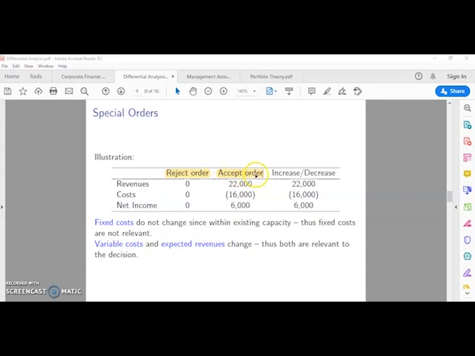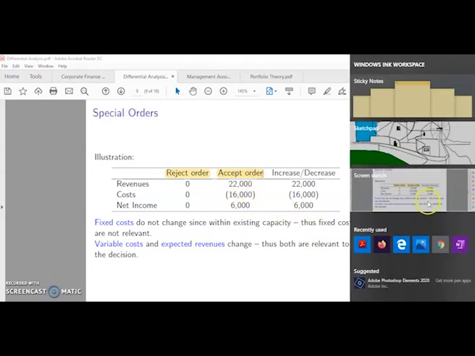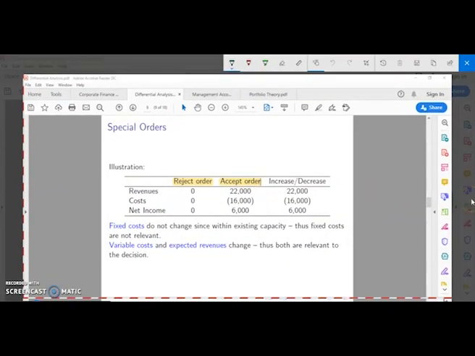For accepting the order, what will happen? If you accept the order, you will have revenue of 22,000. From where we got this? Let me help you with it. In fact, I will write it here.